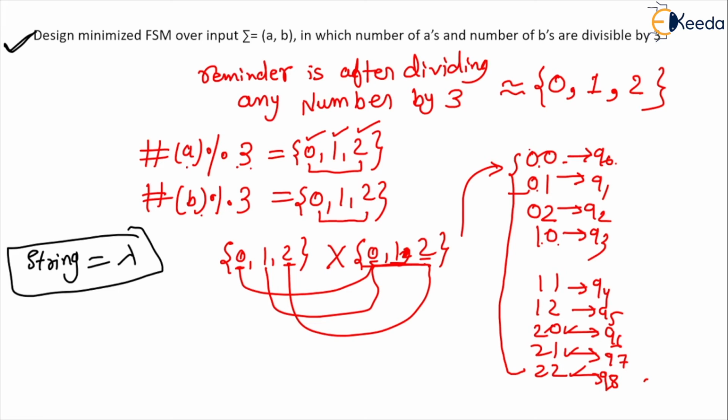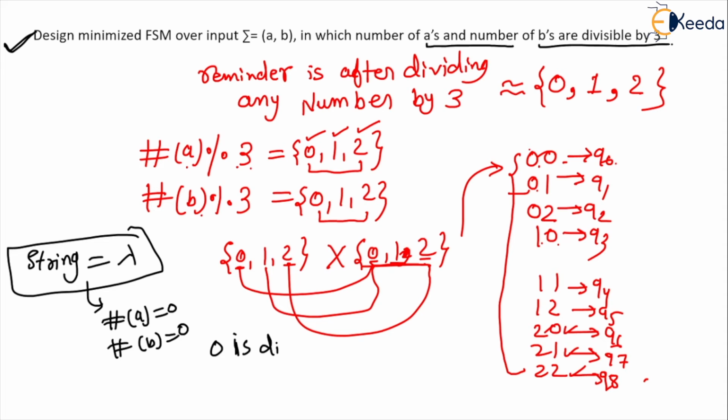It should be accepted by our finite state machine, because the aim of our machine is to accept all the strings in which the number of A's and number of B's are divisible by 3. In this string, the number of A is 0 and number of B is also 0, and 0 is divisible by 3.